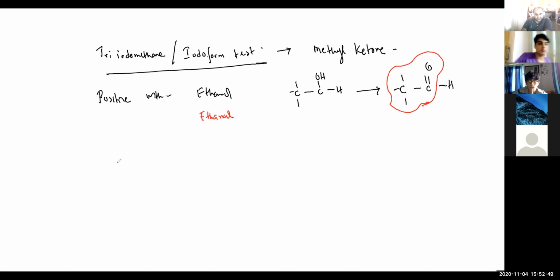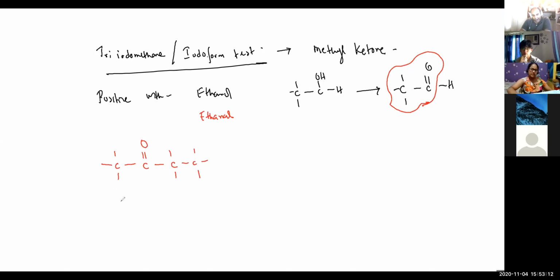Now, I give you a CH3, C double bond O, CH2 CH3. First of all, what is the name of this compound? This is butanone.